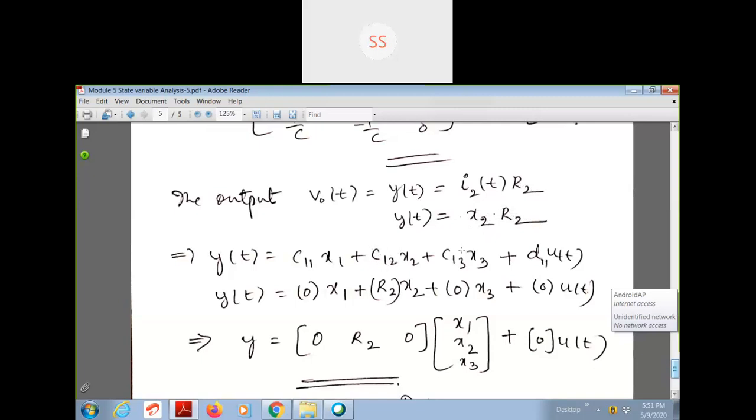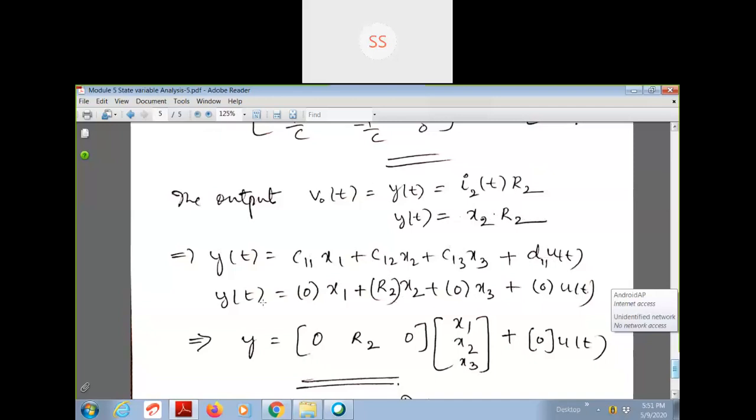The remaining coefficients, C11 and C13, are 0, and even D11 is 0, because we don't have any x1, x3 and u of t in this equation.